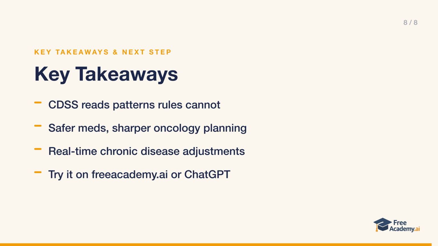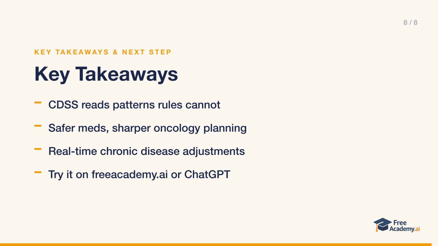Here is what to carry out of this lesson. Modern AI-powered decision support analyzes complex patterns across many data sources to produce nuanced treatment recommendations. AI strengthens medication safety through advanced interaction checking, dosing optimization, and pharmacogenomic interpretation.